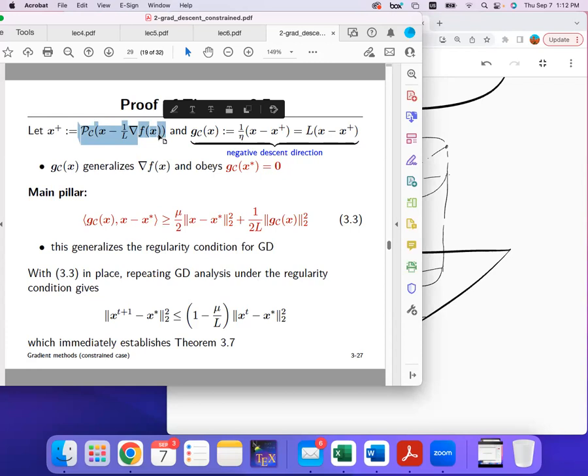And I denote the new updated parameter as x plus, just like this is x_k and this will be x_{k+1}. So I simply define this mapping for convenience. And then I also define G_C(x) to be 1 over the step size multiplied by (x minus x plus).